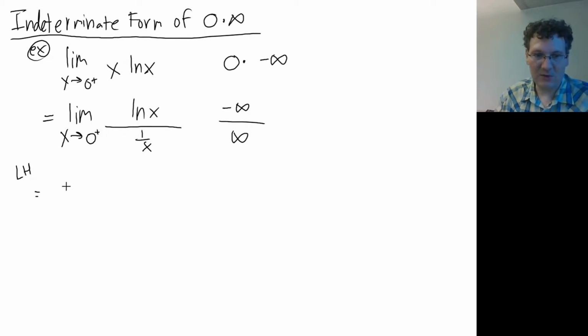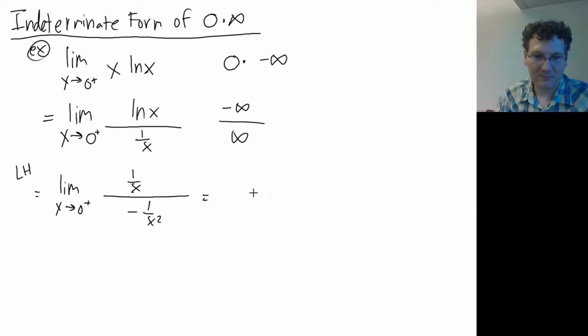So using L'Hopital's rule, this is the limit as x goes to 0 from the right of the derivative of natural log of x, which is 1 over x, over the derivative of 1 over x, which is negative 1 over x squared.